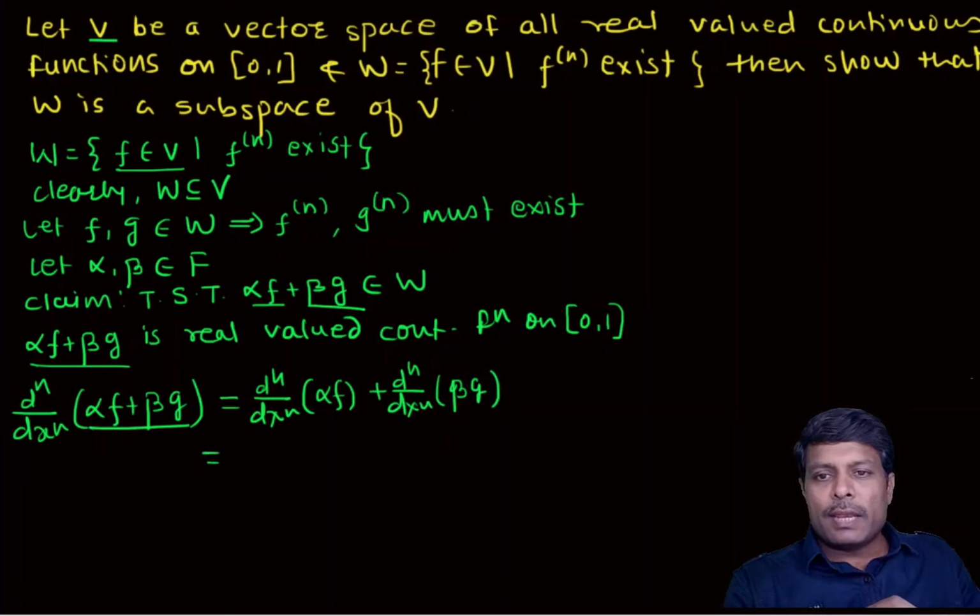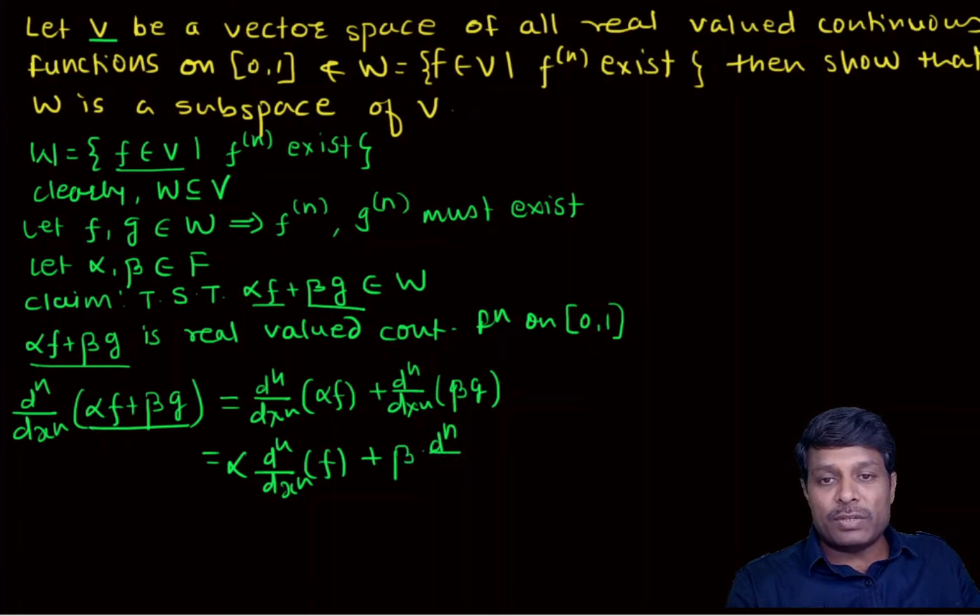Alright, now alpha we can take common from the differential operator, and therefore we can write this as alpha times the nth derivative of f plus beta times the nth derivative of g, and we can denote it by this notation.